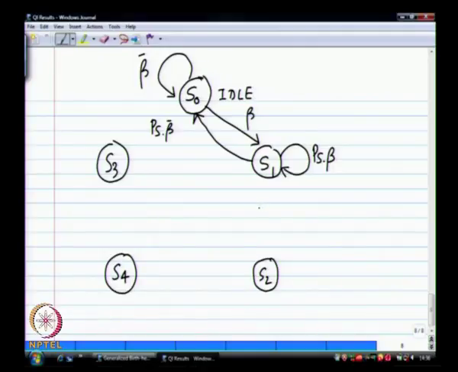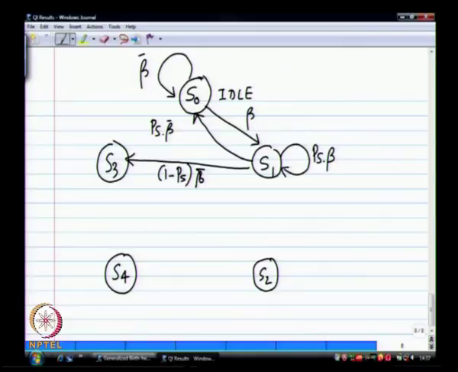Then what else can happen? Can I go from S1 to S2? I cannot go from S1 to S2, because S2 means there is a packet queued, but assuming only one packet can come, I really cannot do that. But from S1 I can go to S3. To go from S1 to S3, it means that the packet was not successful, 1 minus PS, and no new packet was generated, so beta bar.